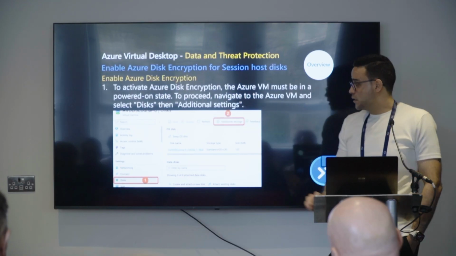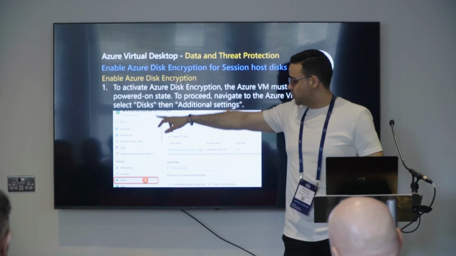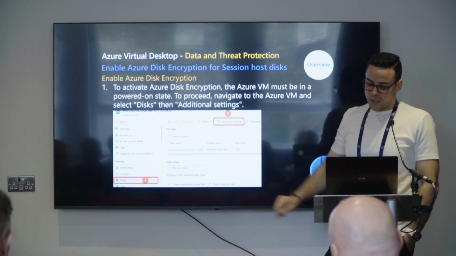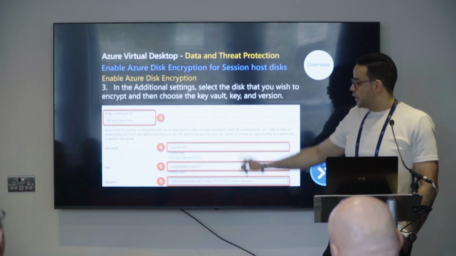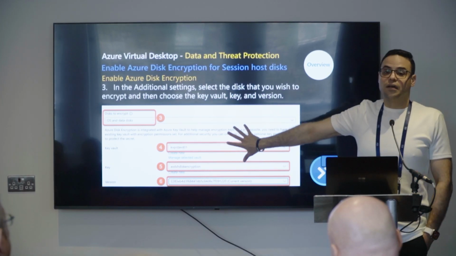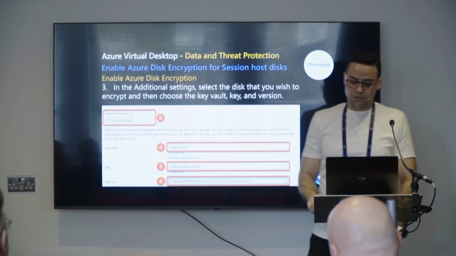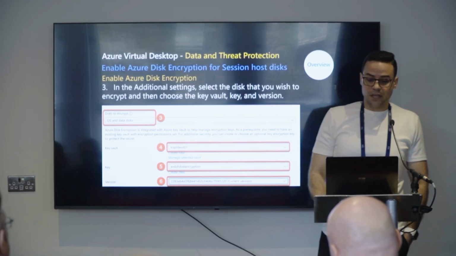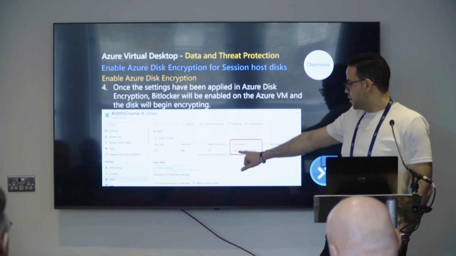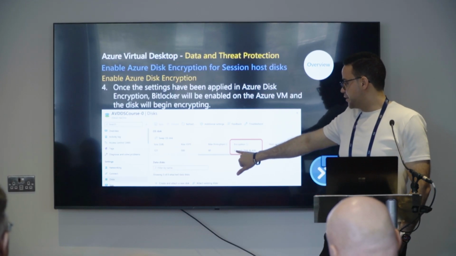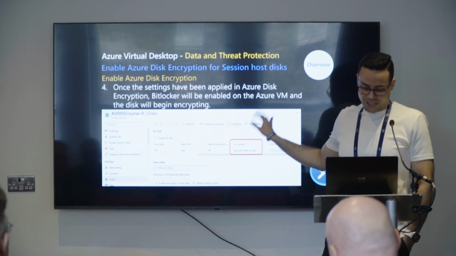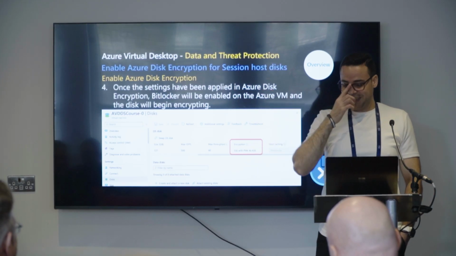Back in the portal, you jump into the VM, look into the disks, then the additional settings of the disk, and you just attach the operating system disk to the key vault and the key. Once you do that, the VM will be configured with data encryption at rest on your disk. You're going to see here that now it's server-side encryption with a platform managed key. Yeah, sorry.